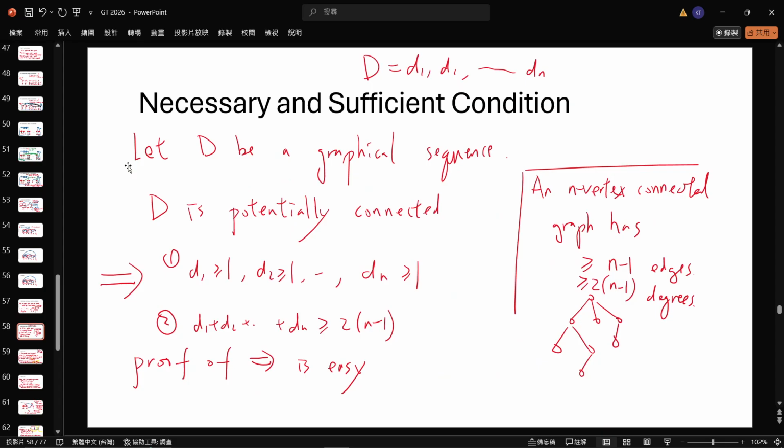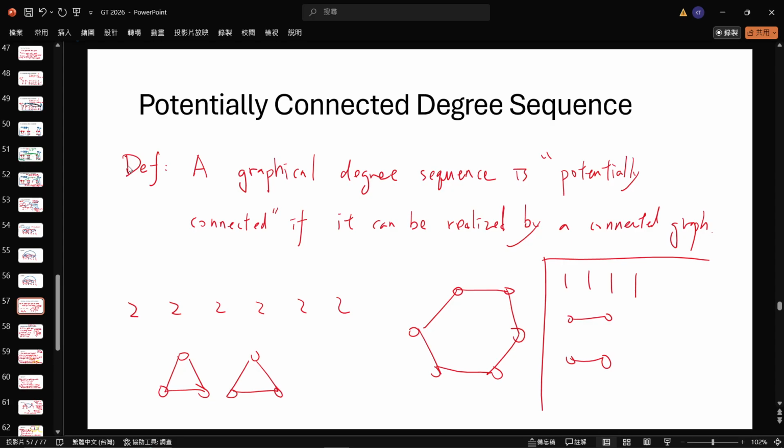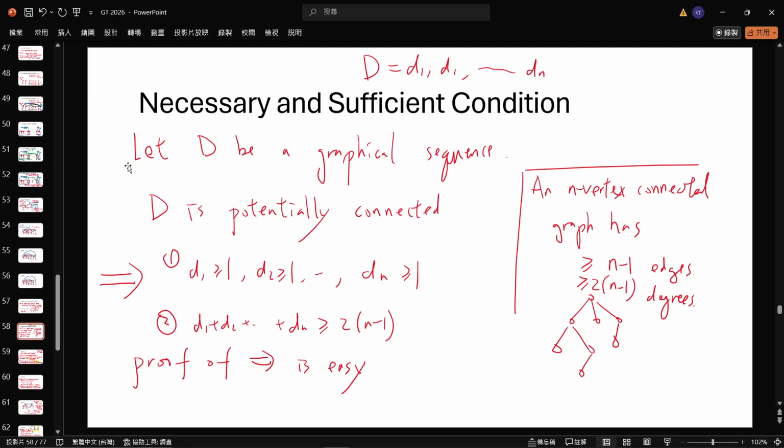Last week we didn't discuss an algorithm to find such a connected graph, but what we did was discuss a necessary and sufficient condition for a potentially connected degree sequence. In order to get a connected graph, first of all, we have to make sure that there are no isolated vertices, okay?